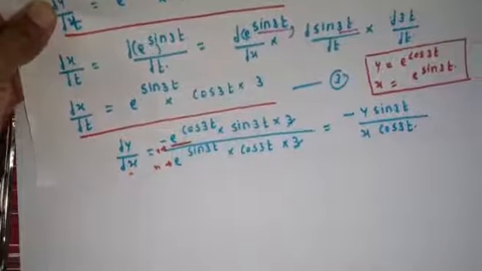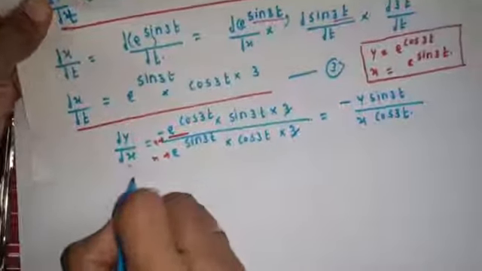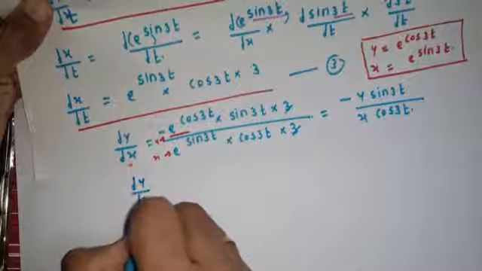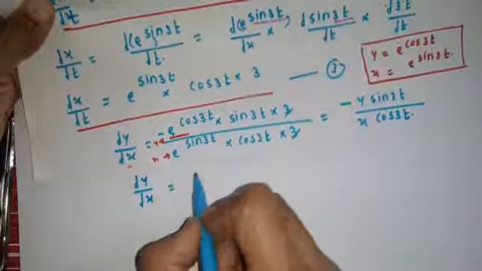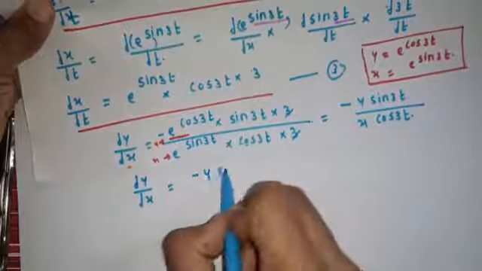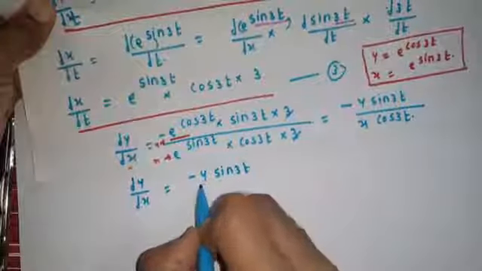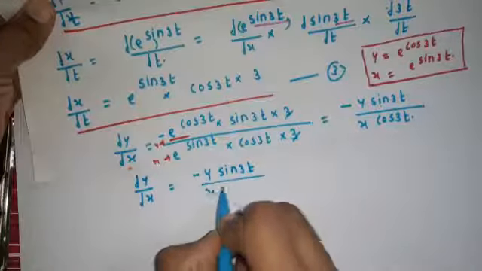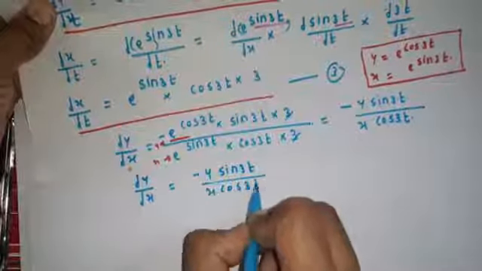Okay, now let us adjust. Up to this we have dy by dx equal to minus y sine of 3t upon x cos of 3t.